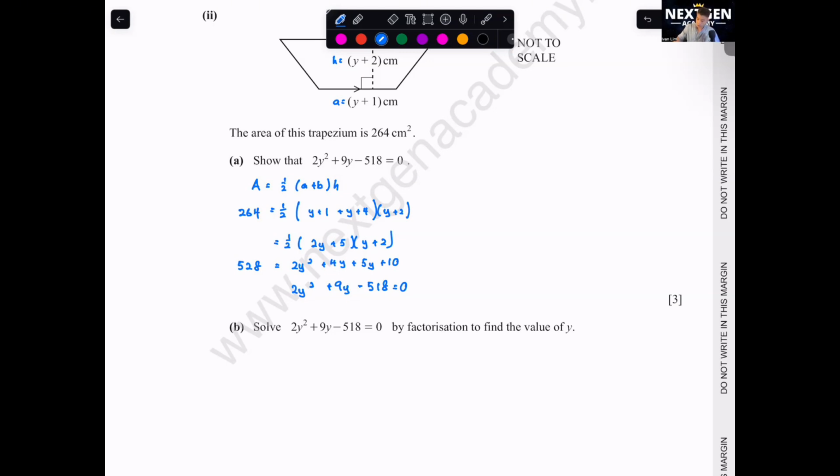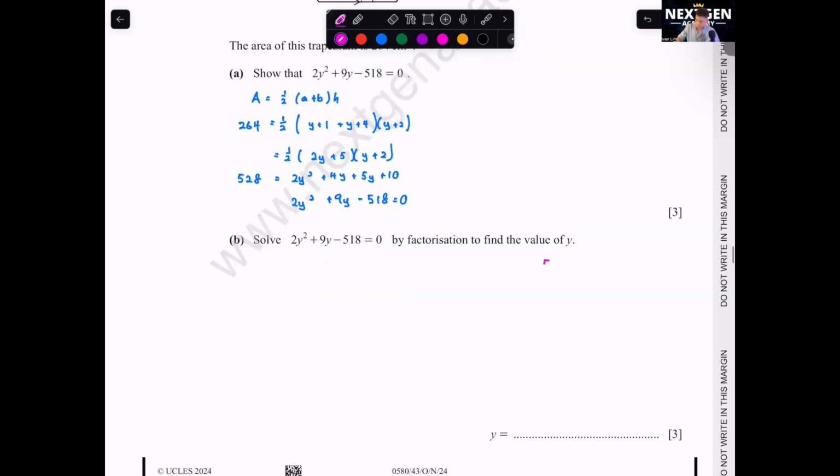If you are using your 570EX calculator, you're going to press menu, you press right, down. You will reach here, equation/func. You go into there, you press polynomial, and then degree, you press 2.